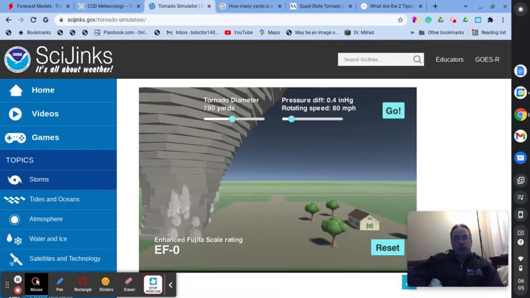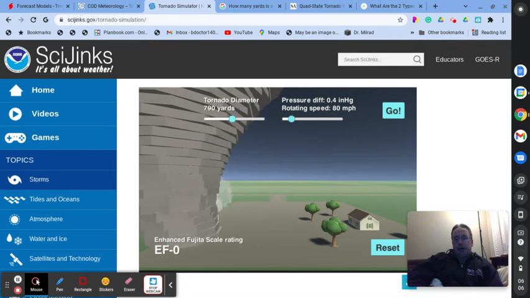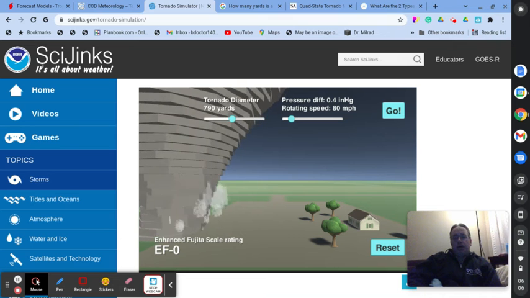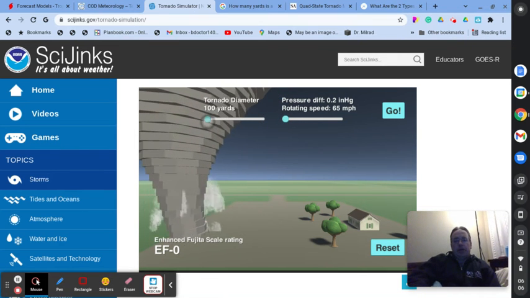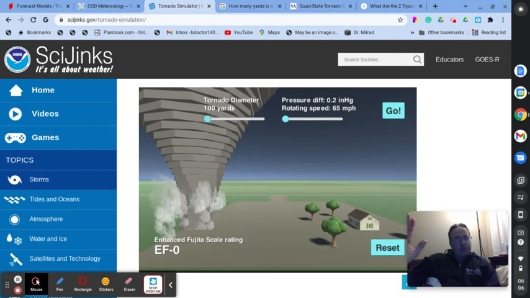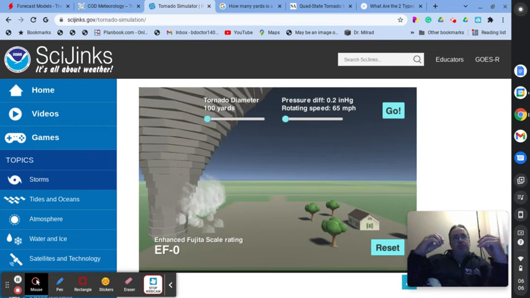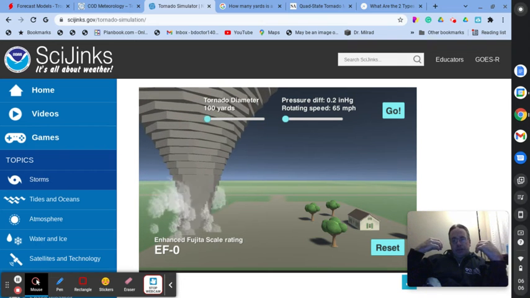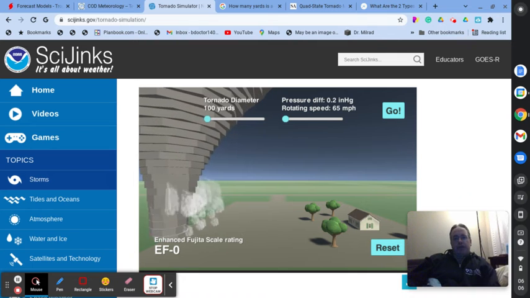All right, so if this was an EF0 at this pressure, now I'm going to go back here. It doesn't matter so much the size of the tornado, it's the velocity, the speed of the winds, and the pressure difference.